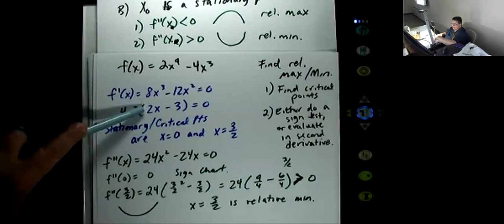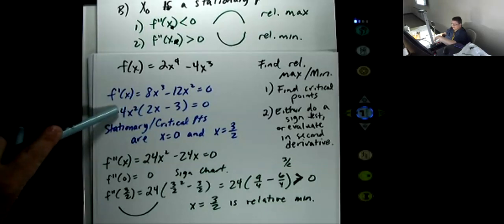I solve this to equal 0. We get our critical points from solving for equal to 0. Good old algebra.